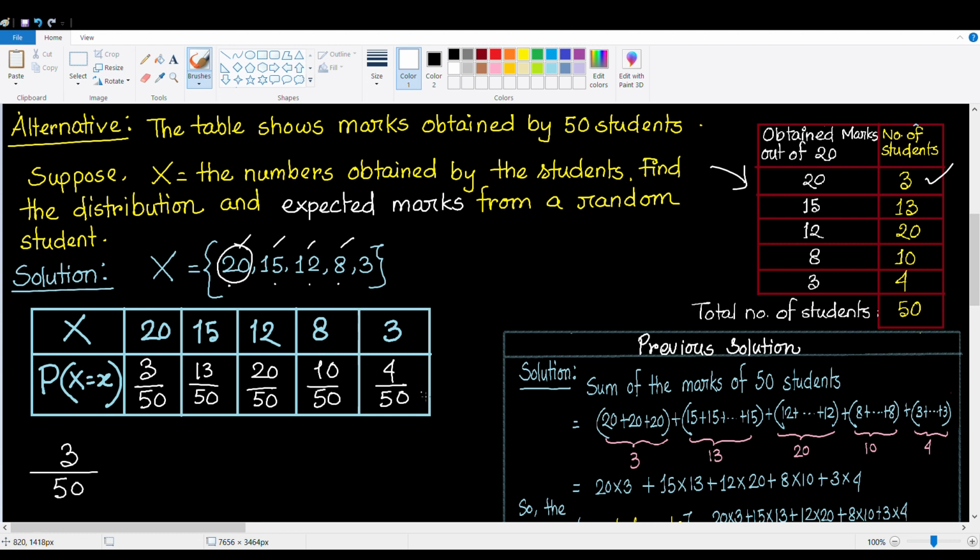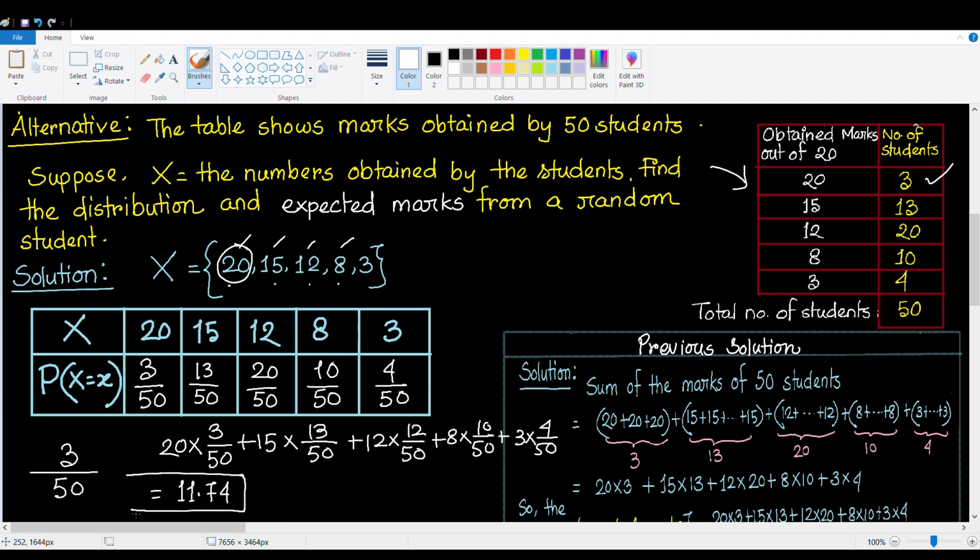Now I'm going to do something and the reason will be explained after it's done. If we multiply each of the values by its corresponding probability, we will get something like this, right? Okay. So if we calculate the value, we will get 11.74, exactly the average of the students' marks.